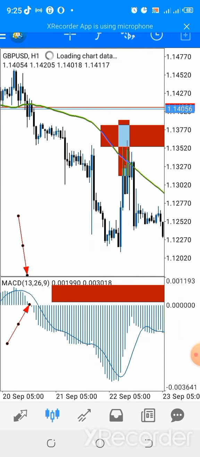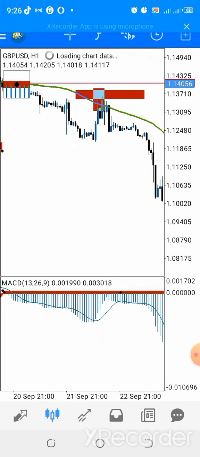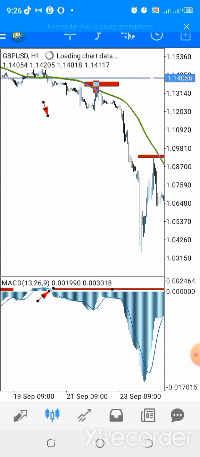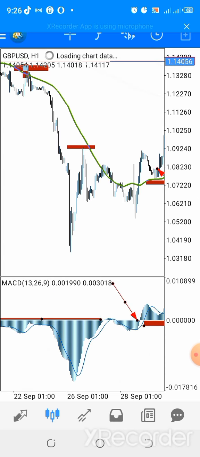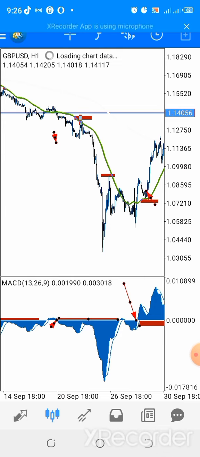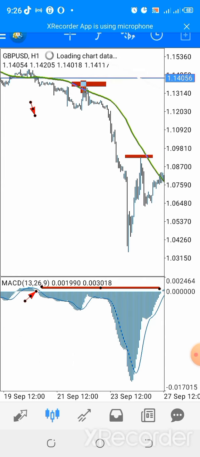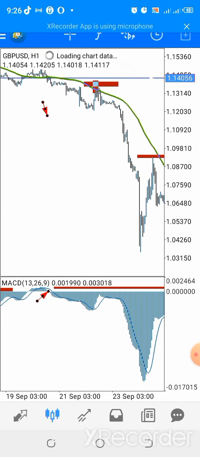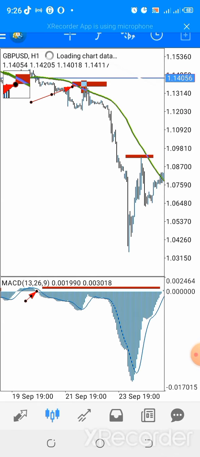You have to check that MACD was also staying relatively below the midline. Okay, that's why you have to be shrinking this sometimes to see where it is. This is what we are illustrating right now. It was right here. You can see that MACD is just flat right there, telling us to look for only sells. So you see that that has happened, and now this was the first retest in this market.